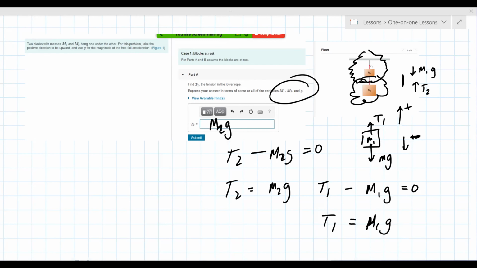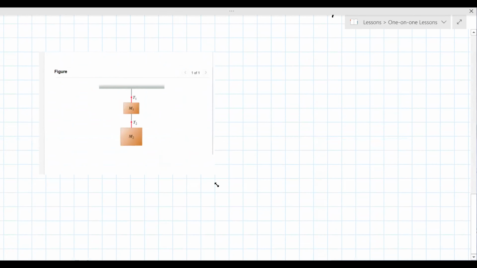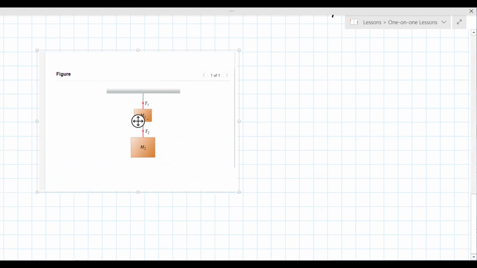I mean, there's so much going on in this problem. It's like you're not going to learn this by this exercise here, because T1 is going up here on M1. Well, what's going down is T2. So there's two things here. There's minus M1G minus T2 equals 0.